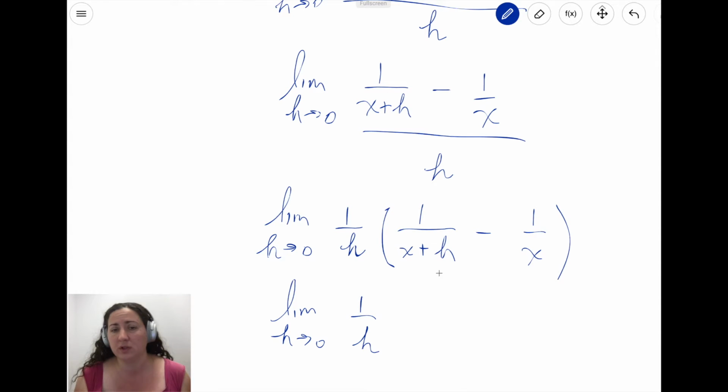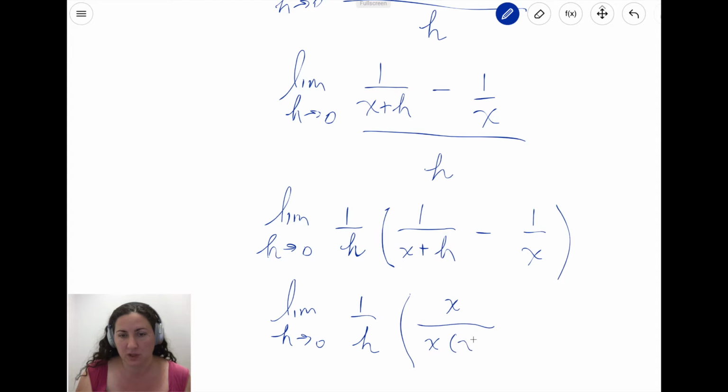So for the 1 over x plus h fraction, I'm going to multiply top and bottom of that by x, because that will give me the common denominator in the bottom. Right? That'll give me the x plus h in the bottom.